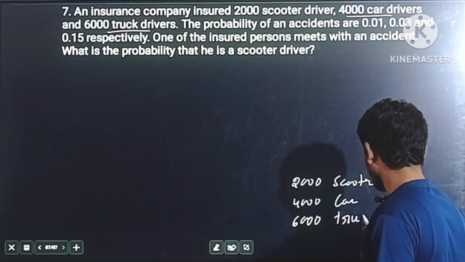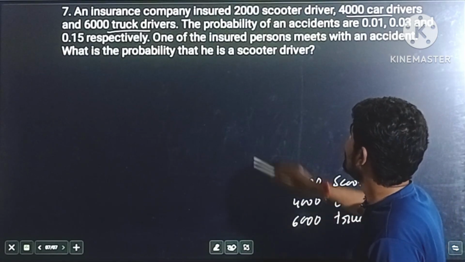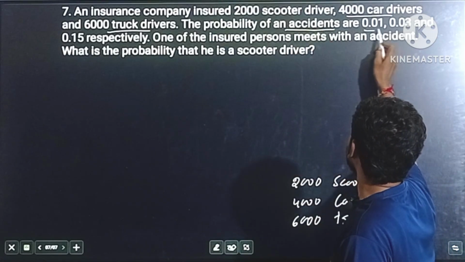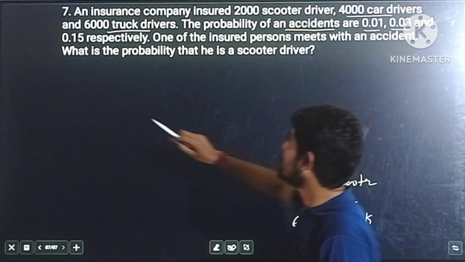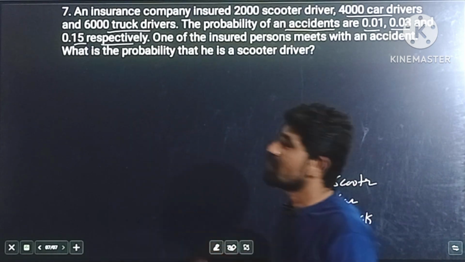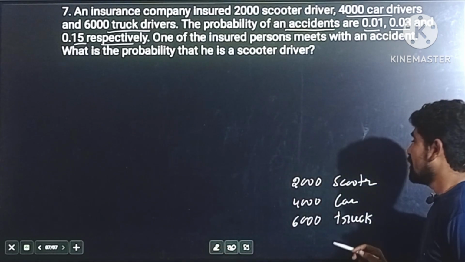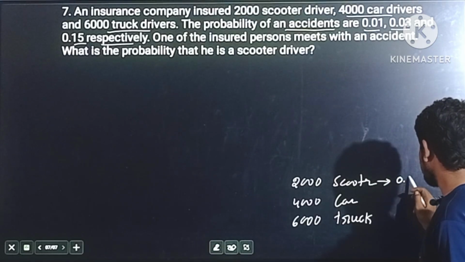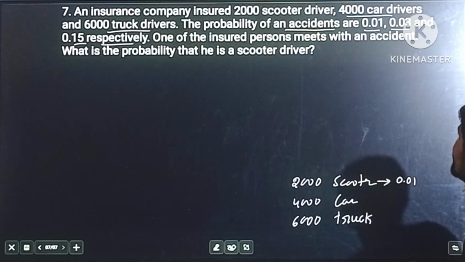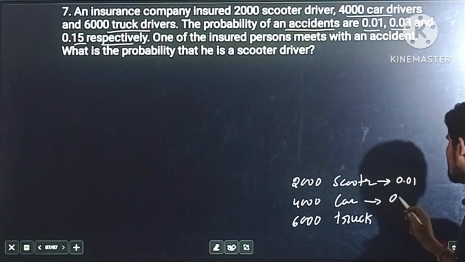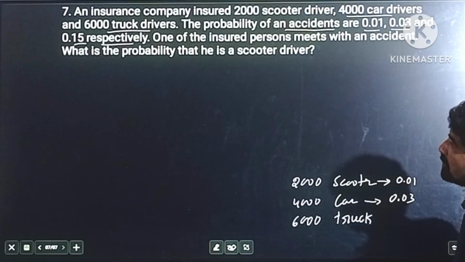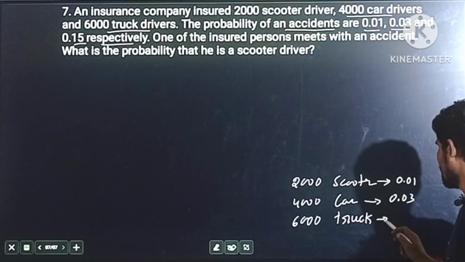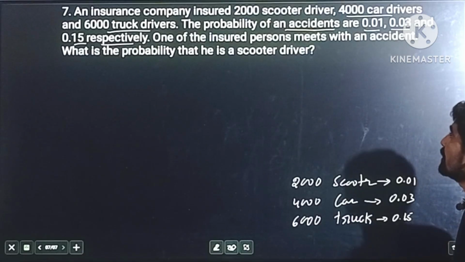In this question, he has given that the probabilities of accidents are 0.01, 0.03 and 0.15 respectively. It means the probability of an accident for the scooter drivers is 0.01, for the car drivers is 0.03, and for the truck drivers is 0.15.